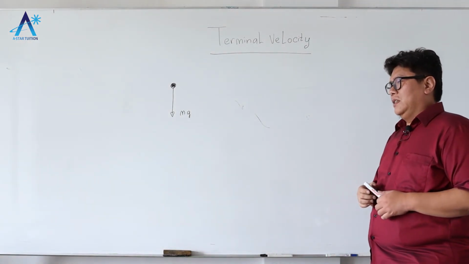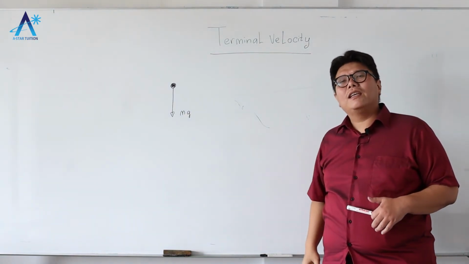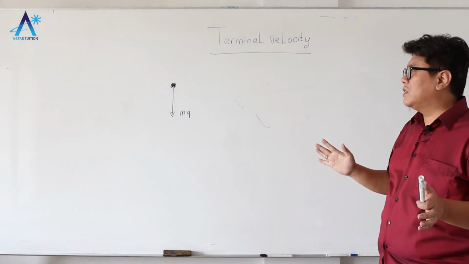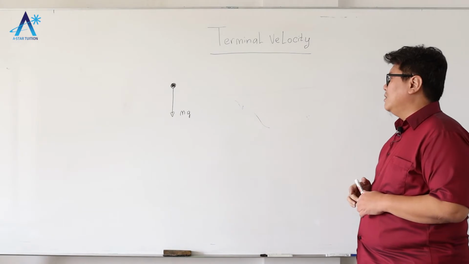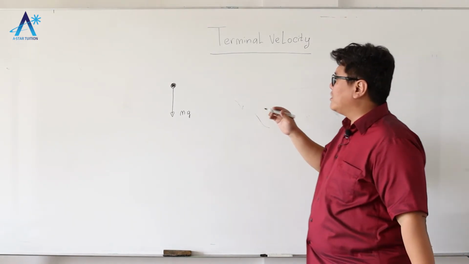However, if the object is taken to a large enough vertical distance, like on top of a building or maybe on top of a mountain, then the object usually will be subject to what we call air resistance.